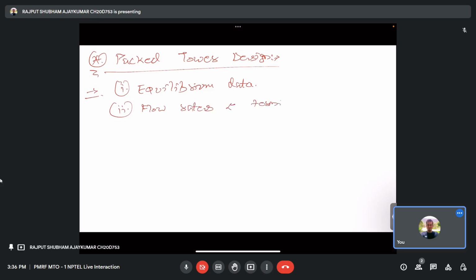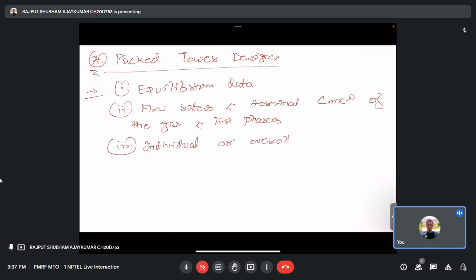and terminal concentration of the gas and liquid phases. Third is the individual or overall volumetric mass transfer coefficient, also sometimes called the capacity coefficient.